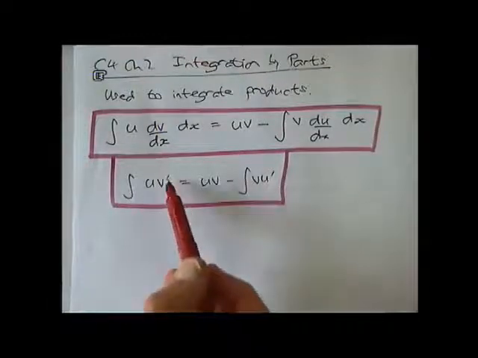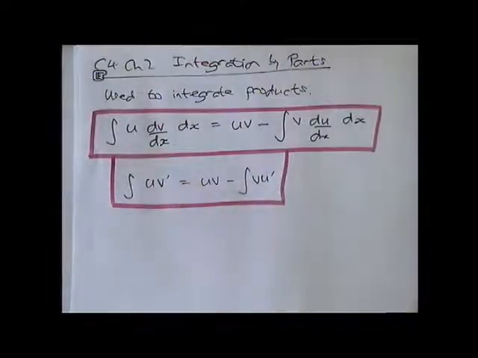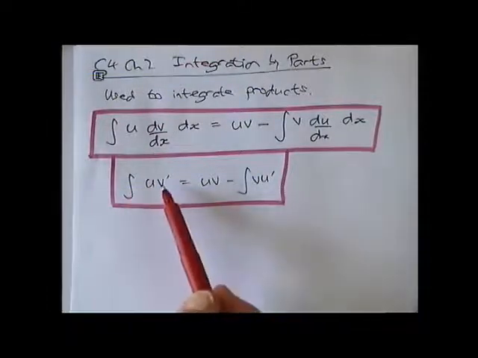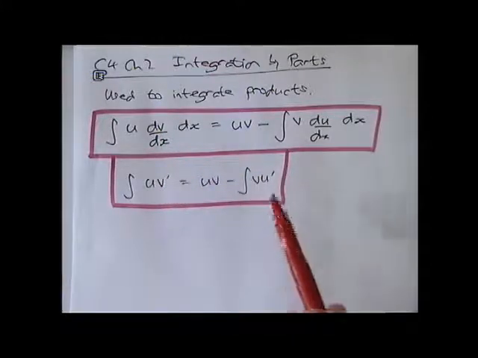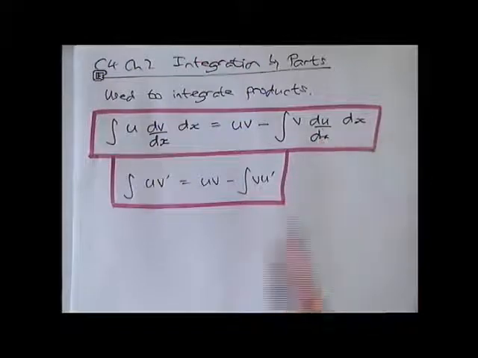What's the significance of these little dashes here? Dash means it's been differentiated. Yeah, dash means it's been differentiated, that's right. So v has been differentiated, so that v dash is the same thing as that dv dx. That u dash is the same thing as that du dx. So that's a shorthand way of writing down the same thing. You'll probably stick with the top one most of the time.